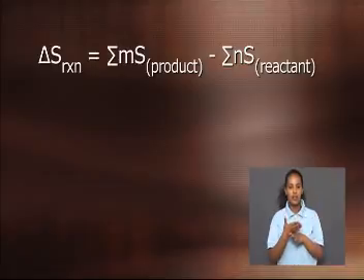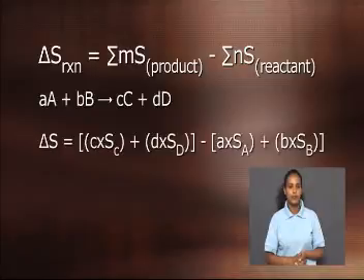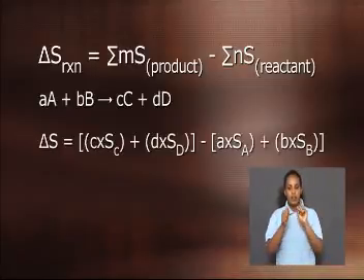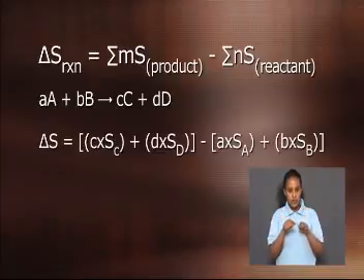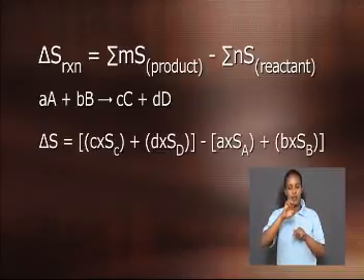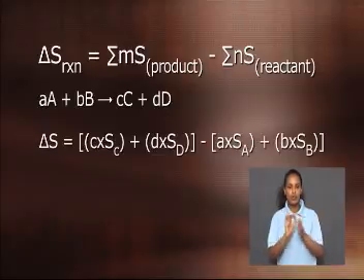Thus, a hypothetical reaction might look like this. The entropy change would look like this. S subscript A represents the entropy of A. S subscript B represents the entropy of B, and so on.